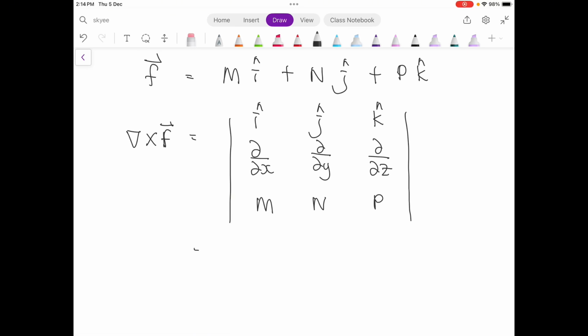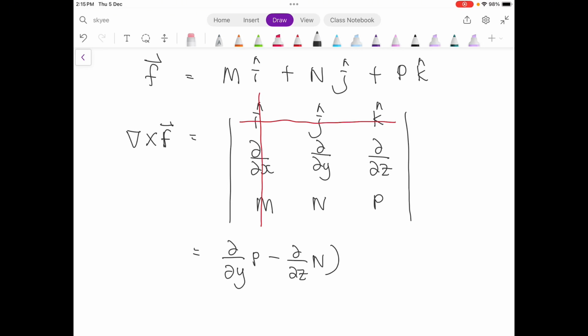So for the i component, if you still remember what I told you before, hide the first row and the first column. So just multiply it. It will be del y multiplied with p minus del z multiplied with n.